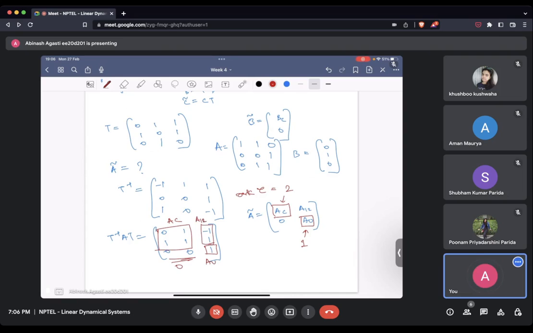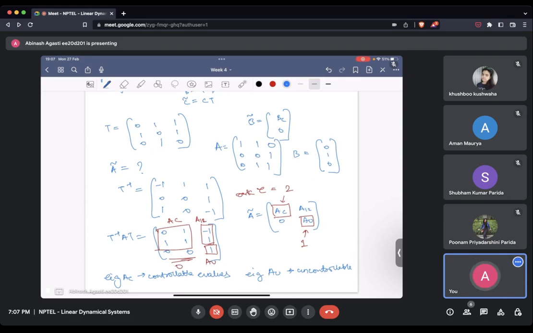Okay, so the eigenvalues corresponding to AC will give me the controllable eigenvalues, and eigenvalues corresponding to AU will give me the uncontrollable one. So basically, if the uncontrollable eigenvalues are strictly negative, then the system is called stabilizable.